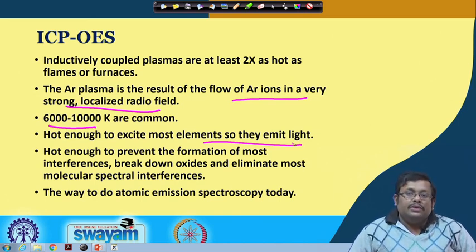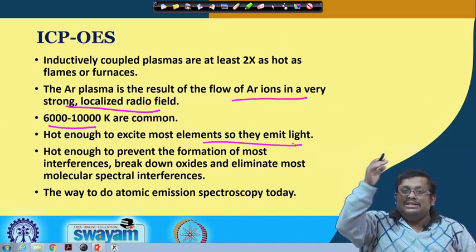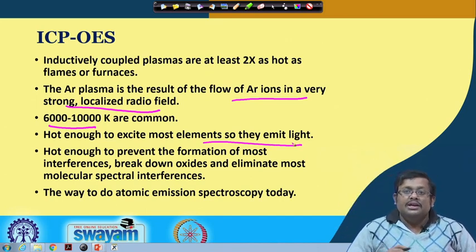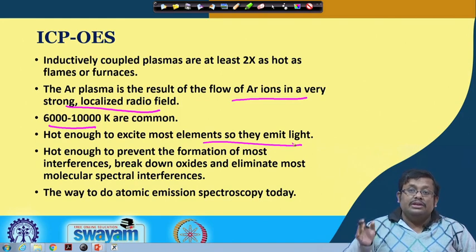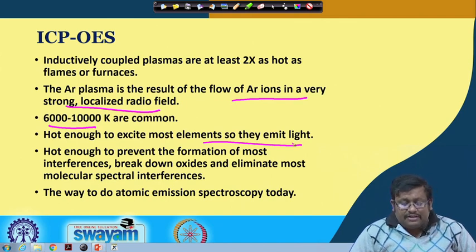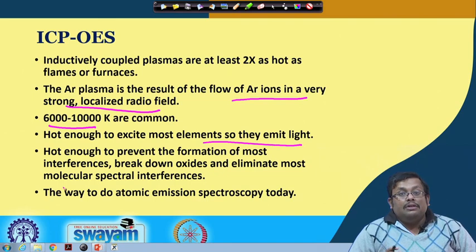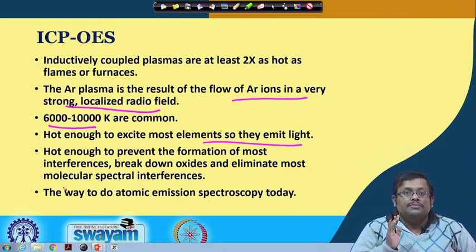Most of the elements will be energized and go to a higher energy state, and then revert back to their ground state, and in doing so they emit energy which is measured. This high temperature is hot enough to prevent the formation of most interferences, break down the oxides, and eliminate most molecular and spectral interferences.